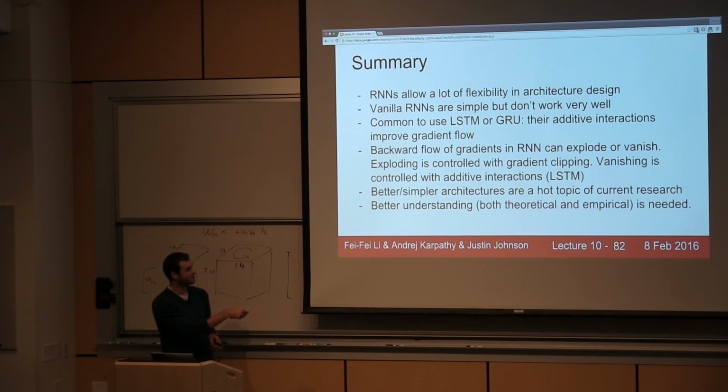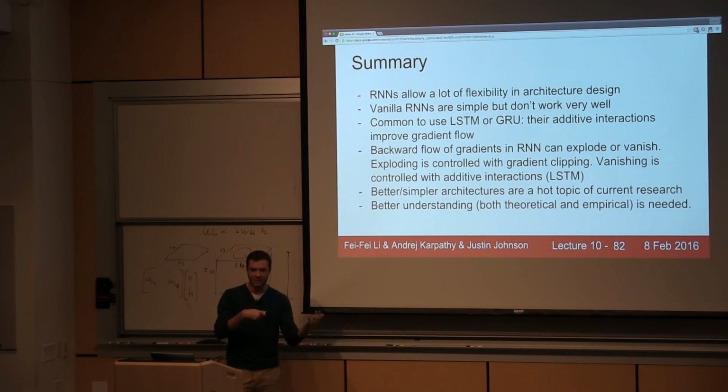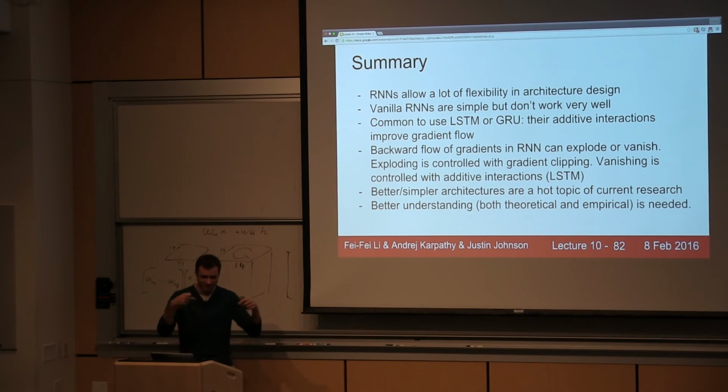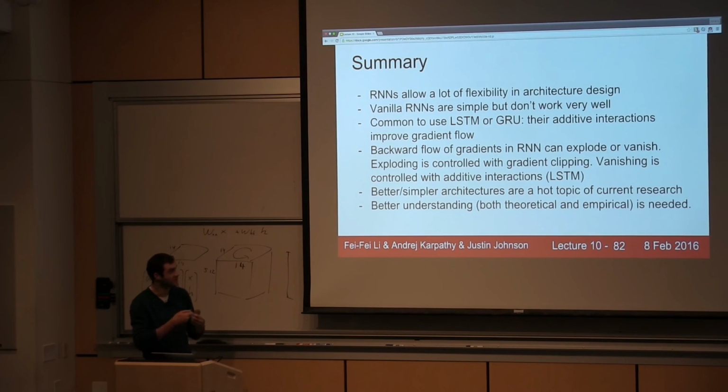I would say that better, simpler architectures require really trying to understand why. There's something deeper going on with the connection between ResNets and LSTMs, and something deeper about these additive interactions that I think we're not fully understanding yet, and exactly which parts of it work well. So I think we need much better understanding, both theoretical and empirical, and it's a very wide open area of research.